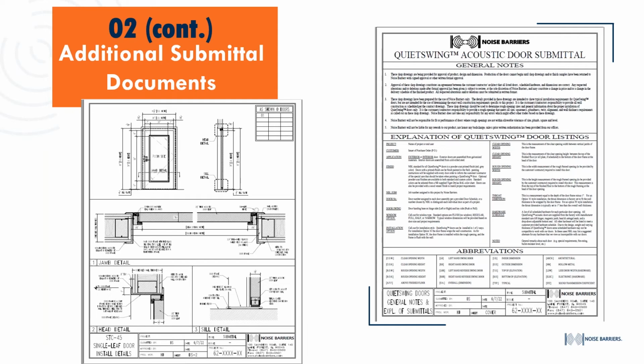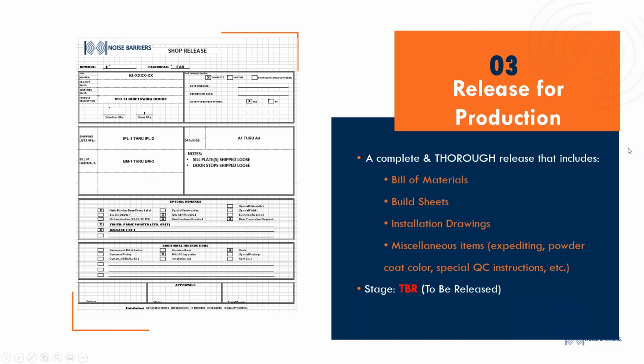We double check that. So when that comes back approved, we move to what's called release for production. You like our submittal page, we all agree, everything's perfect, scope is good, sign off, we will move to releasing for production. And that is when we generate all the bill of materials for the product to be produced.